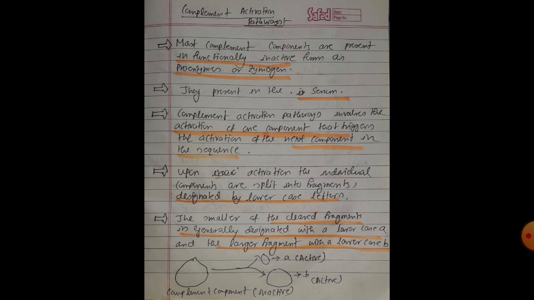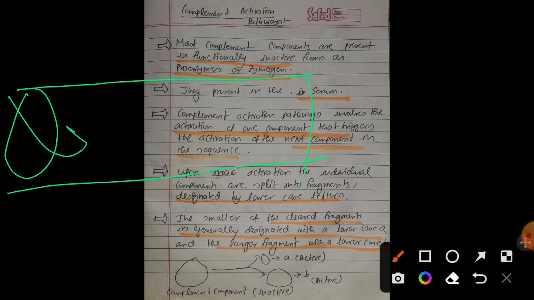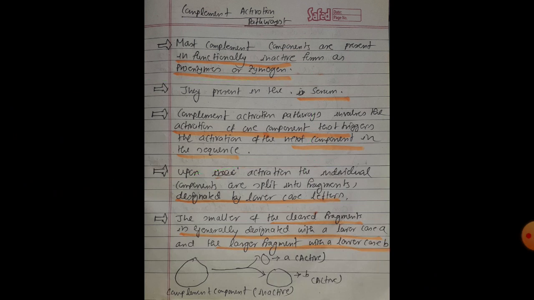And we have also told that those complements are synthesized mainly from hepatocytes and then they are present in the normal serum. Okay, now how they activate, this is going to be the main important discussion of today's video.